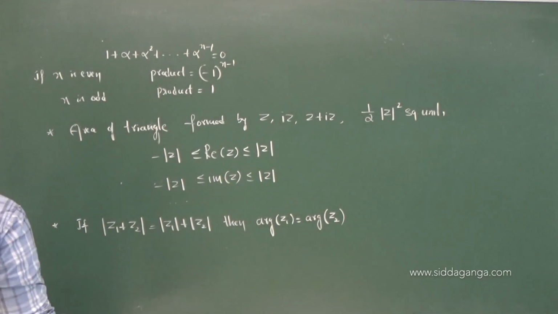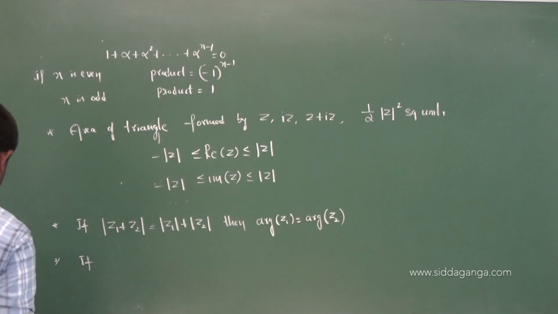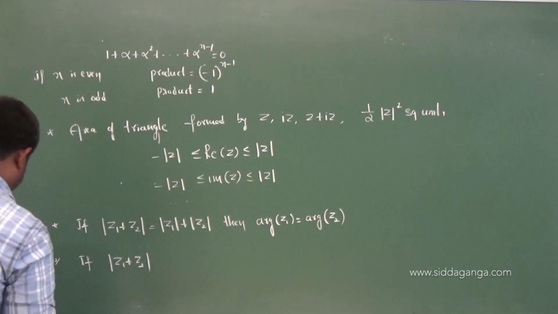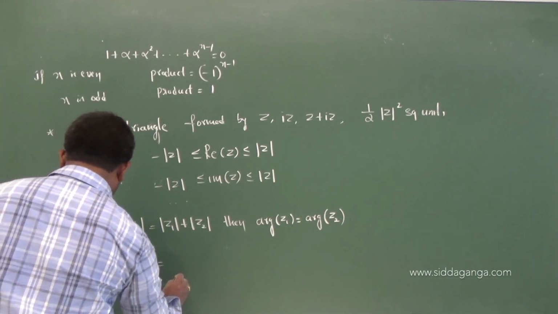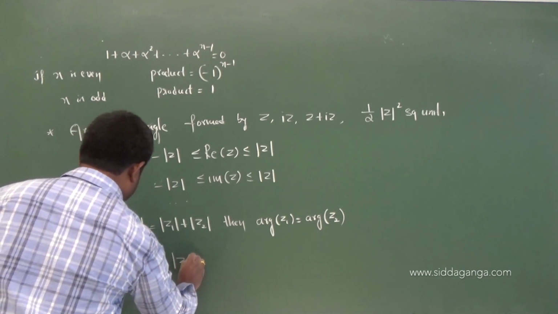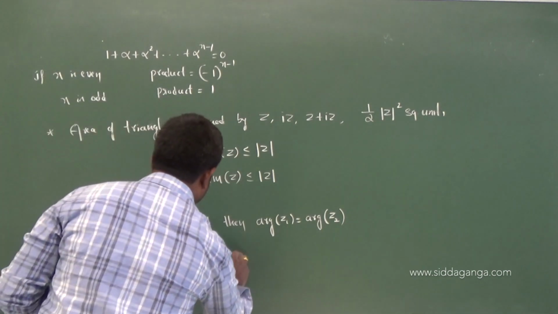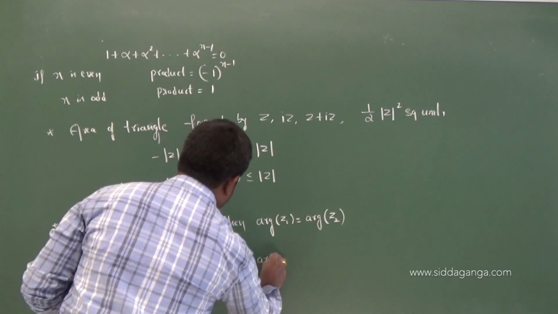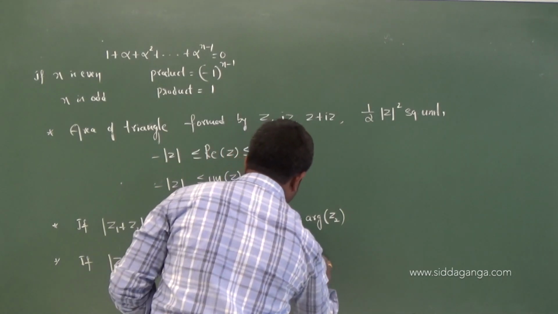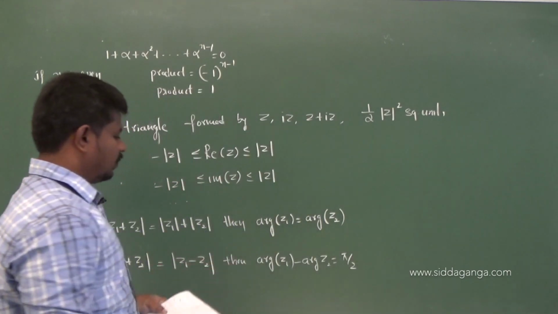So one more property is, if modulus of z1 plus z2 is equal to modulus of z1 minus z2, then argument of z1 minus argument of z2 is equal to pi by 2. It's the most important result.